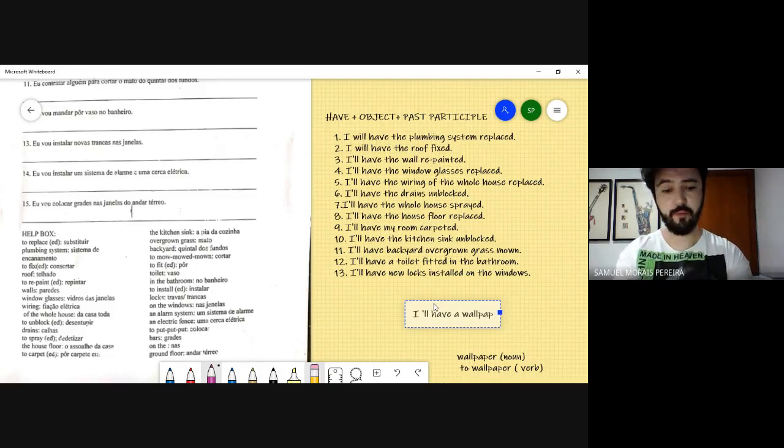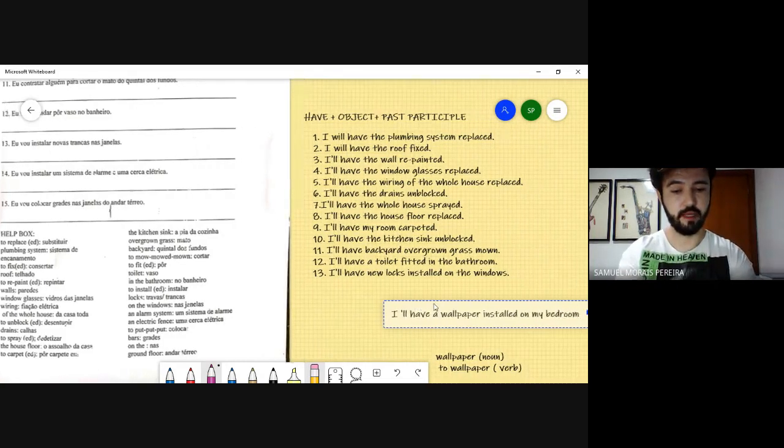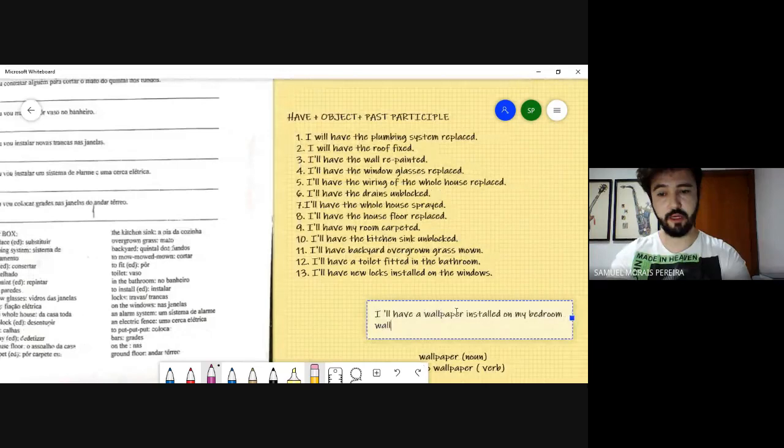Eu posso usar o verbo install, olha só, installed on my bedroom wall. Olha só, I'll have a wallpaper installed on my bedroom wall. Tá vendo? Eu usei o verbo install.